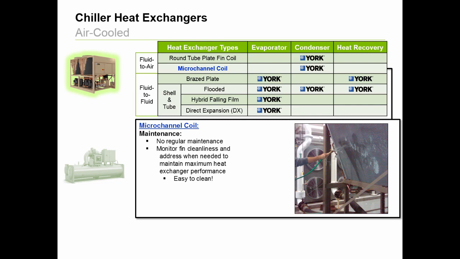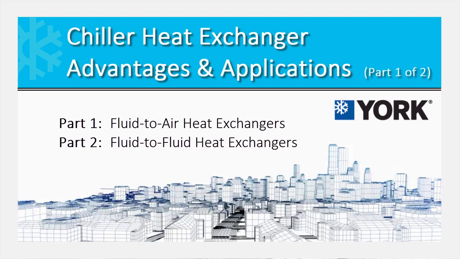Two upkeep advantages with microchannel coils are they are always a single row, meaning it's easier to spray water through them to flush out debris, and due to their design, there is minimal risk of bending fins, as microchannel fins do not extend past the tubes. Both of these mean the owner will spend less time and money cleaning coils, and more time enjoying smaller utility bills due to high efficiency operation. That ends the fluid-to-air heat exchanger portion of this video.